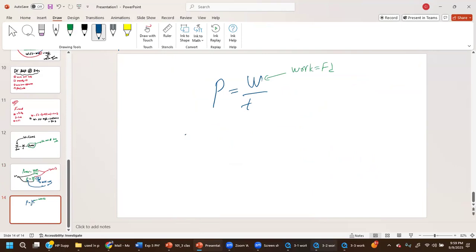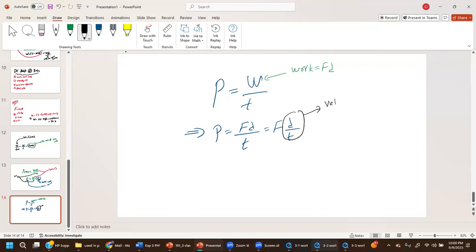So therefore, the power is going to equal your force times your distance divided by your time, T. If you break it down, it'd be your force times distance over your time.